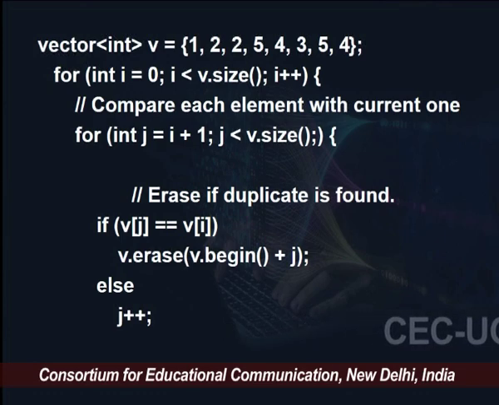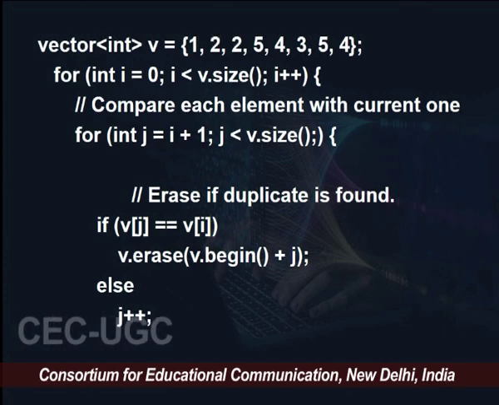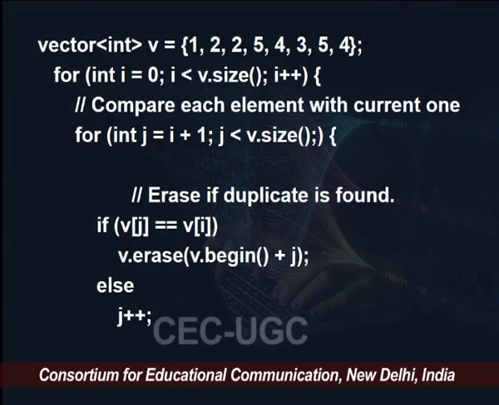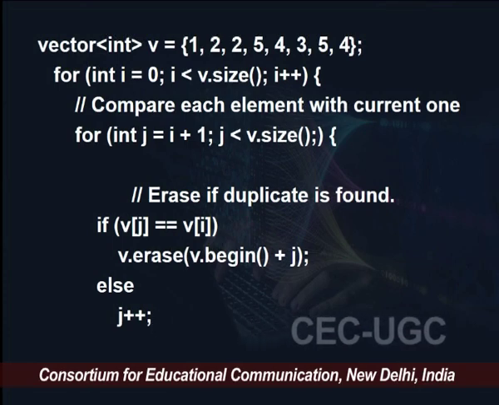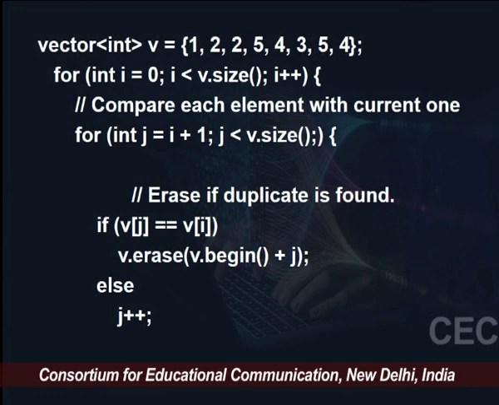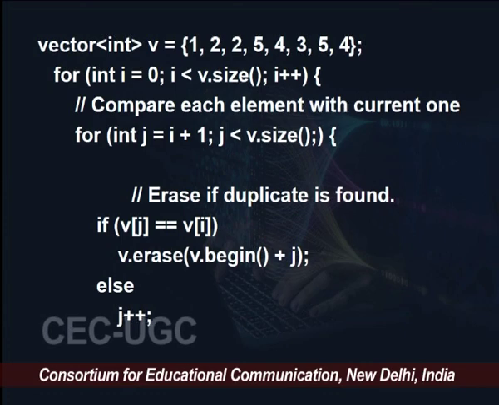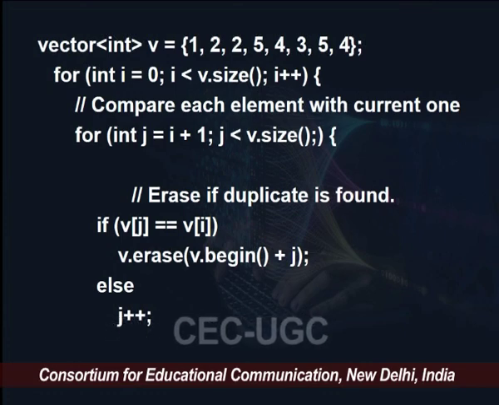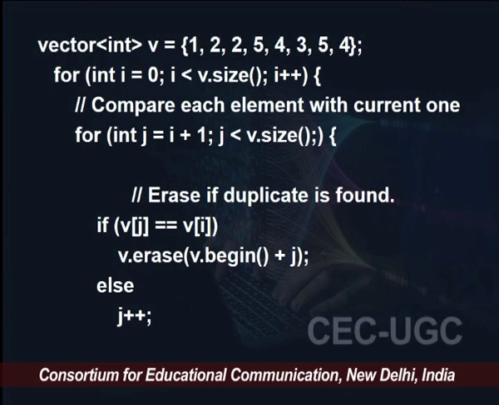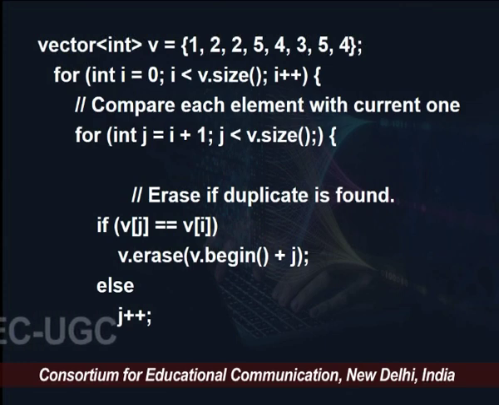So for the purpose of this particular course, we can safely leave that method, and whenever we want to erase the duplicates, we can use either of these two methods, one which was using sort, unique, and then the erase method.